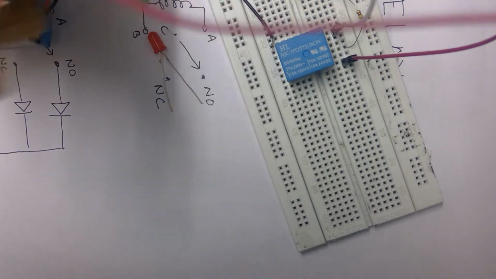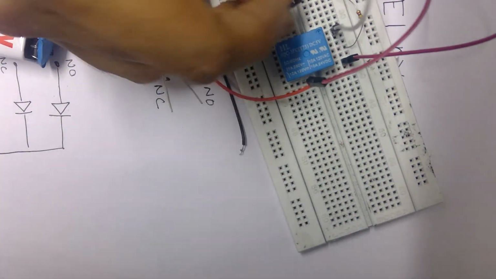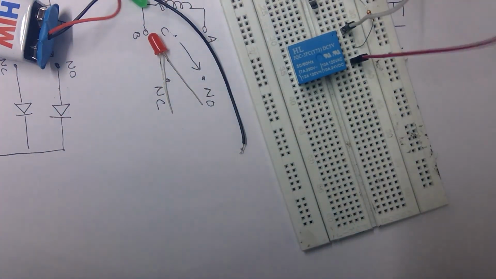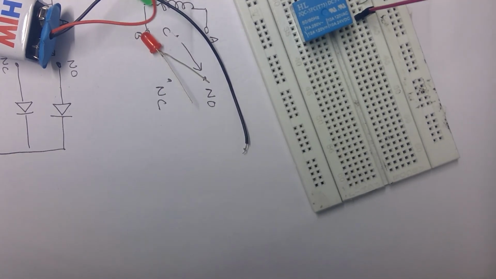So I have connected the power source to our helpful male-to-male wires, and this is where our positive will go. And now the negative will go to a point where it will be connected to the LEDs.